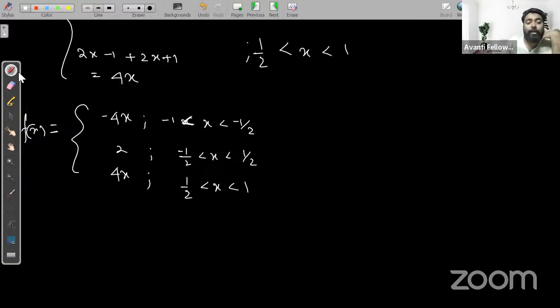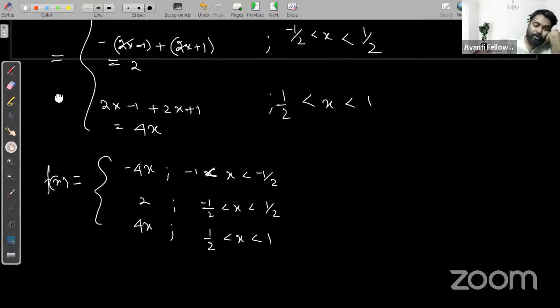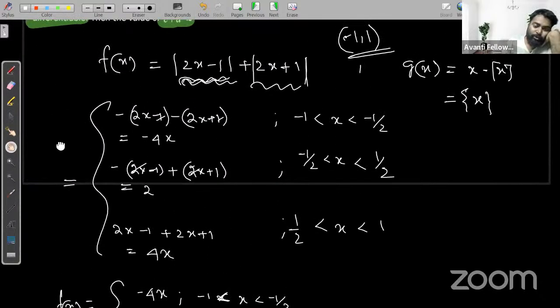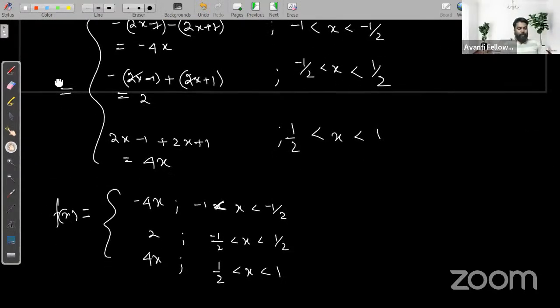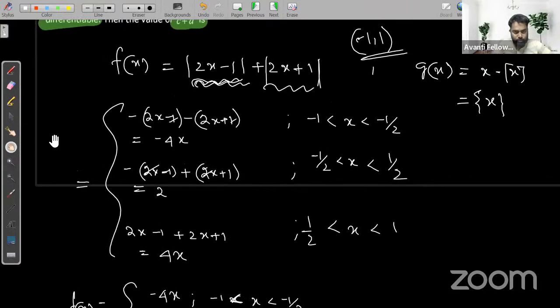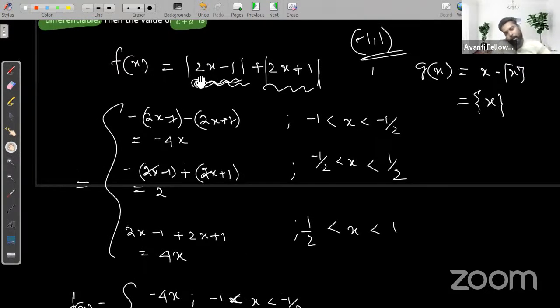Acha, if we take the equality sign in the given function, if we take x equal to minus 1/2 and 1/2, then at minus 1/2 it will open with a negative sign, 2x minus 1, and the other will open with 2x.